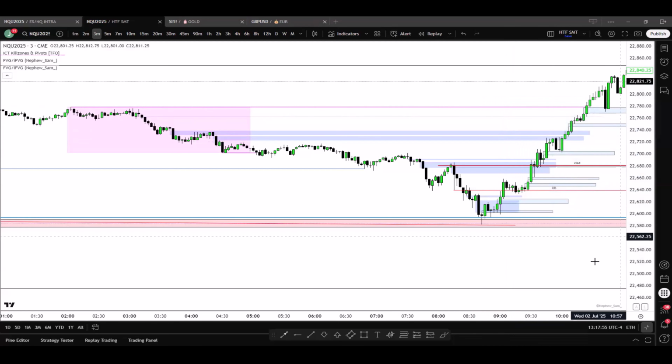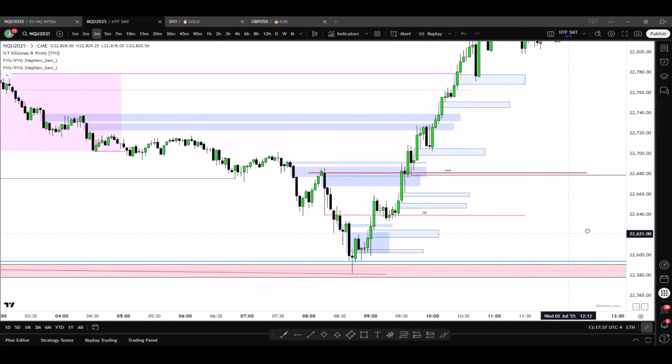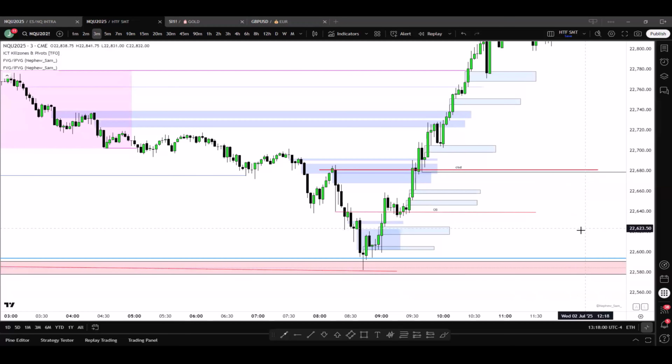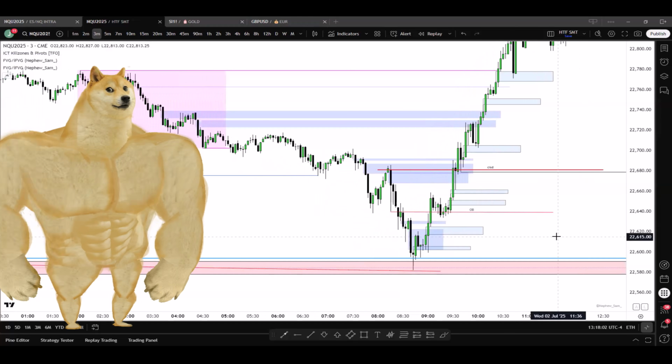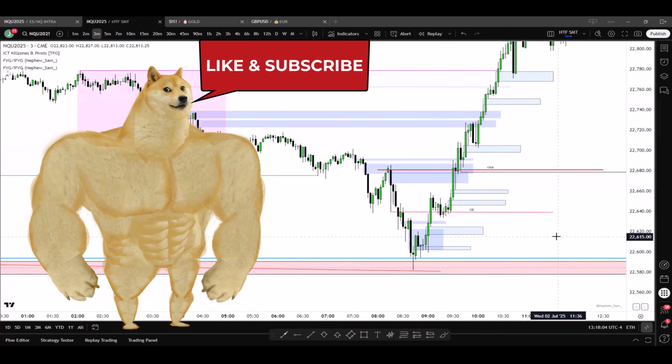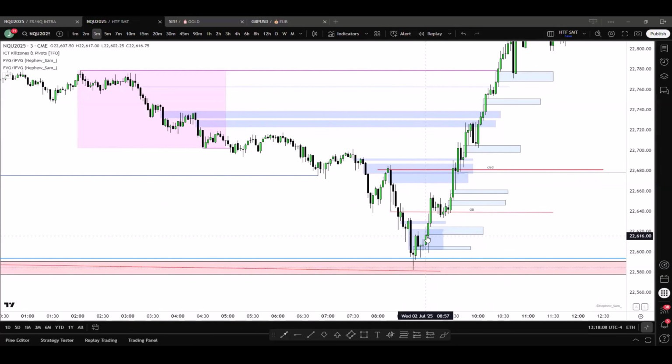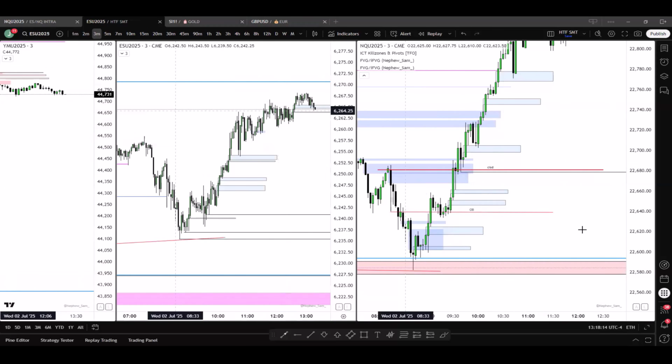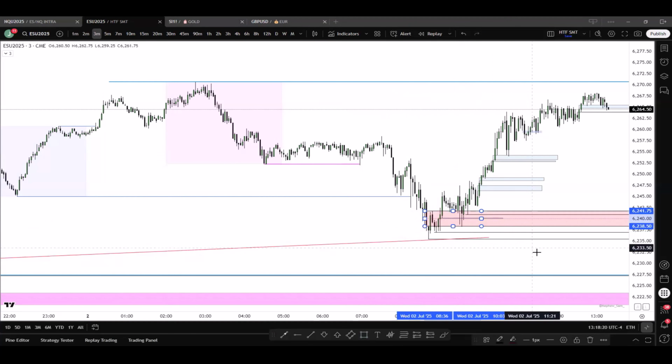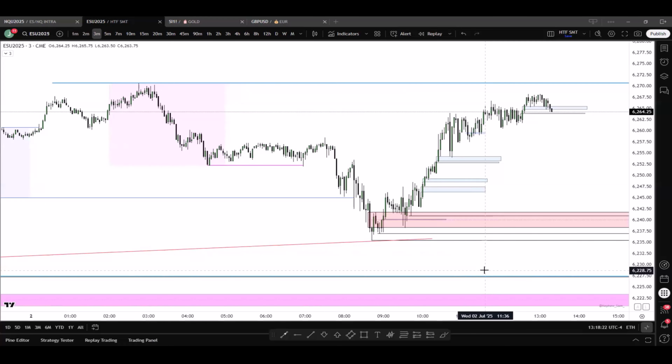So here's the deal with this. We're talking about a couple different ways to enter. But let's put this into perspective. Whether you entered on the 3 minute fair value gap, whether you entered on the order block, whether you entered on the CISD, or whether you traded the ES, it doesn't matter. They all worked out, didn't they? And why is that?